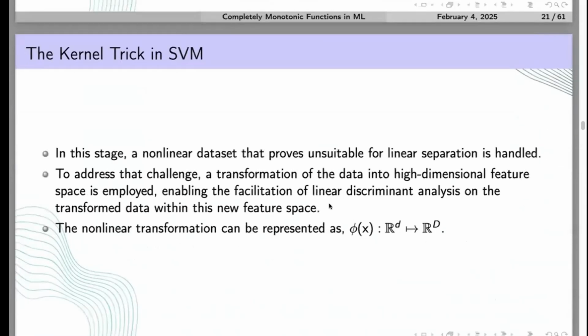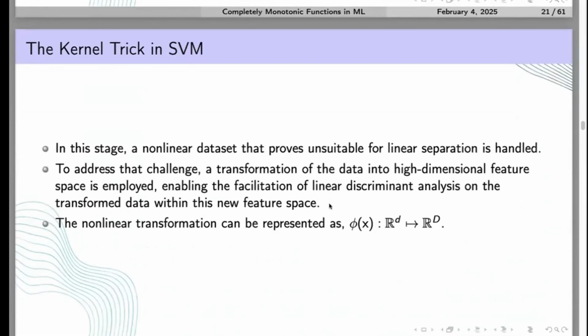And at this stage, we focus on a nonlinear data set because many real-world problems are not linearly separable. They are nonlinear. And this nonlinear data set that proves unsuitable for linear separation is handled. To address that challenge, a transformation of the data into a high-dimensional feature space is employed, and we look for a linear classification in this new feature space.